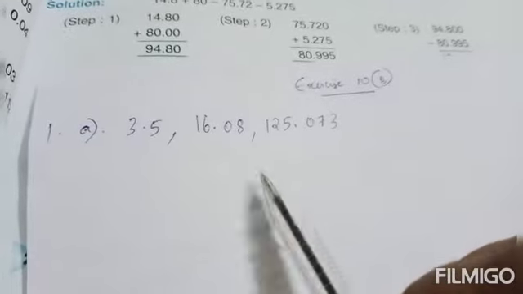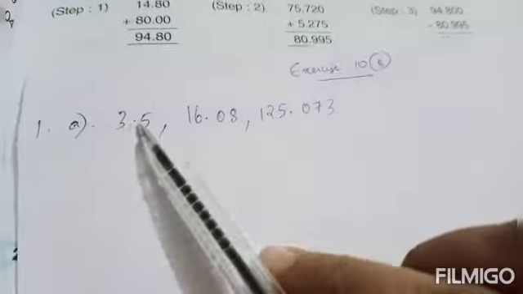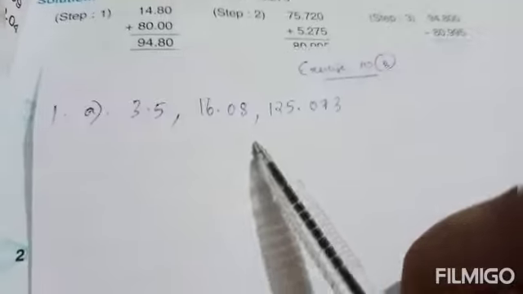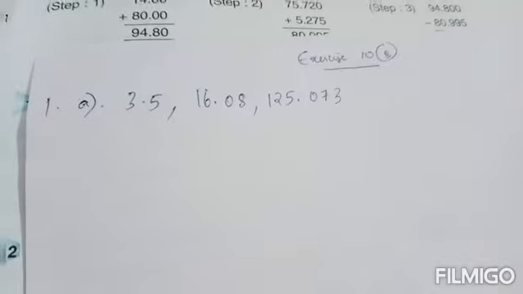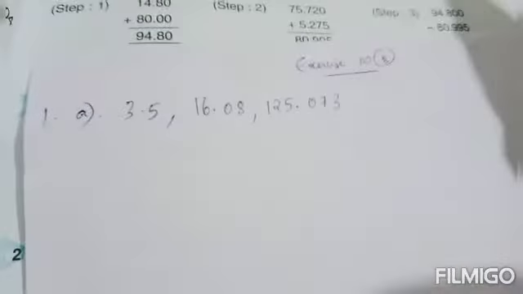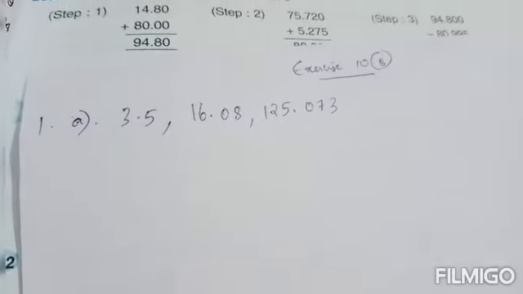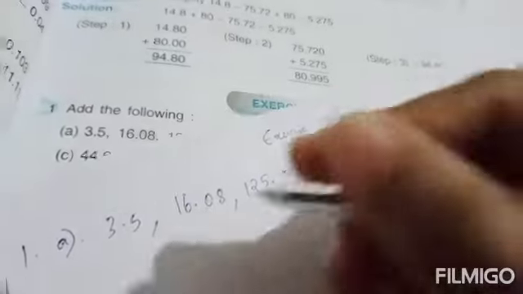In order to add or subtract decimal fractions, the first step is to write the numbers in column form, such that the ones place digit comes under the same column, then the tens place digit, then the decimal point, then after the decimal point the tenths place digit, then the hundredths place digit. Okay, so we can write in column form.